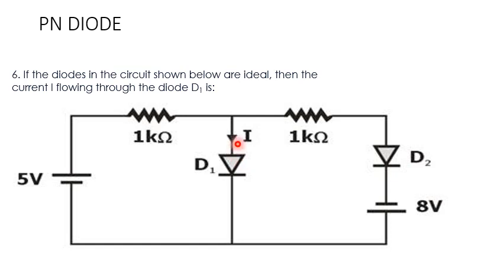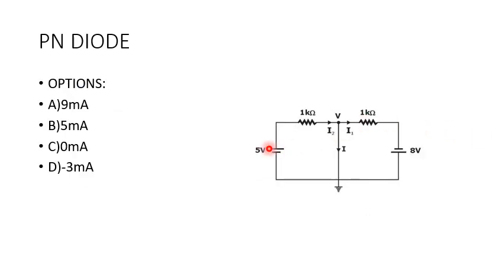Now you need to calculate the current flowing through this. The options given are 9 milliamps, 5 milliamps, 0 milliamps and minus 3 milliamps.